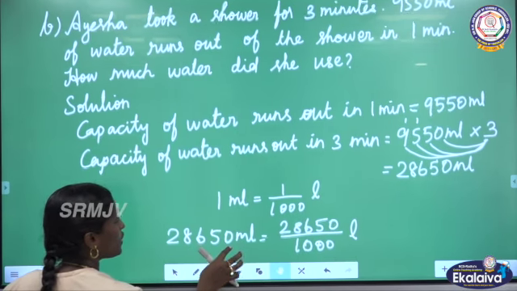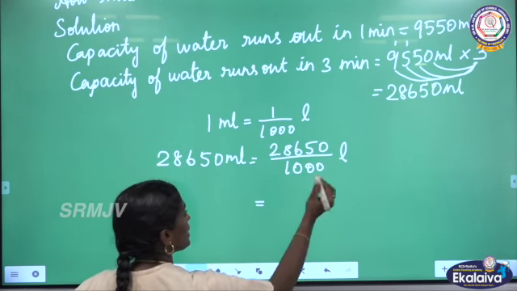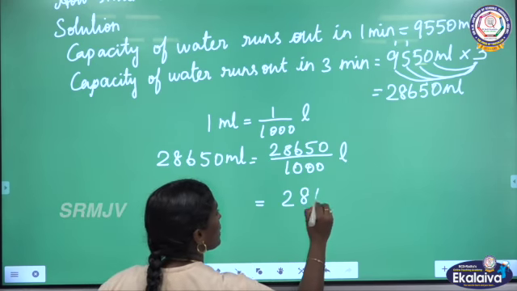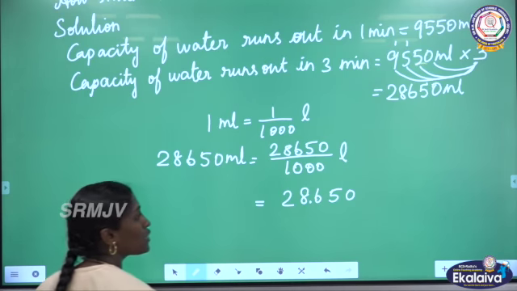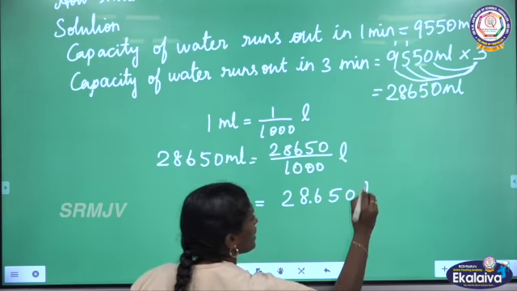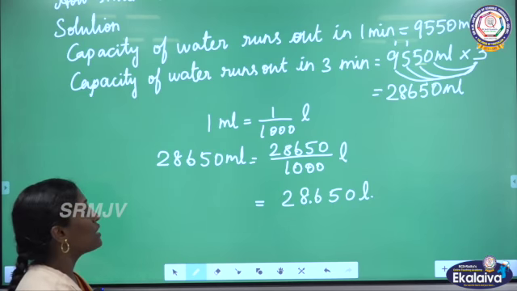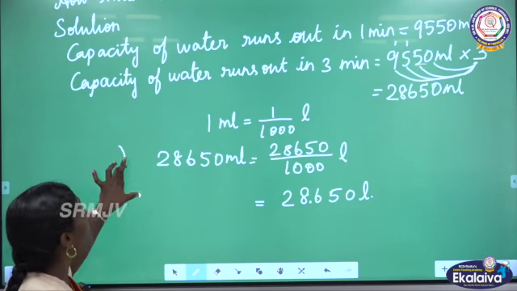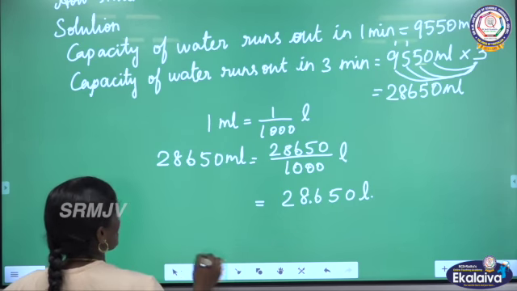Now we have to keep the decimal point. Here 3 zeros are there. So we need 3 decimal places. So from the last, before 3 digits we have to keep the decimal point. Then the number will become 28.650 liter. This is the capacity of water she used.